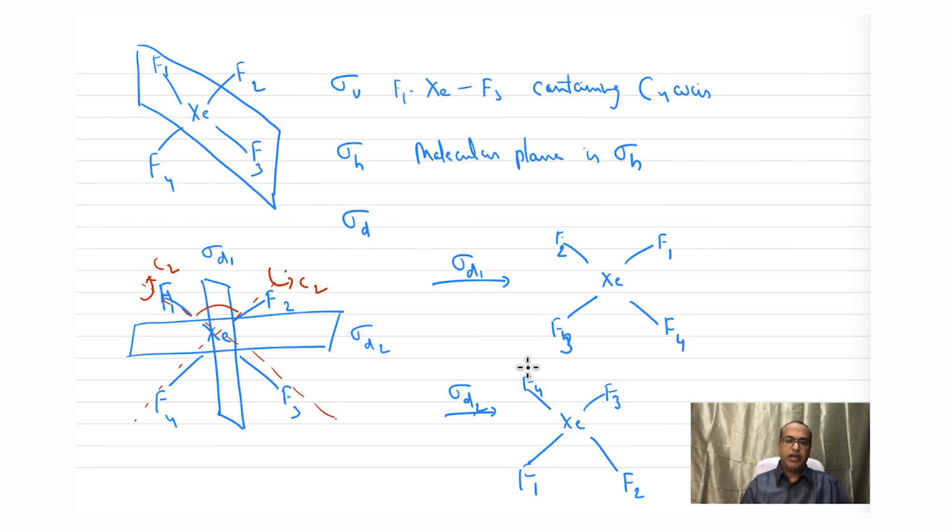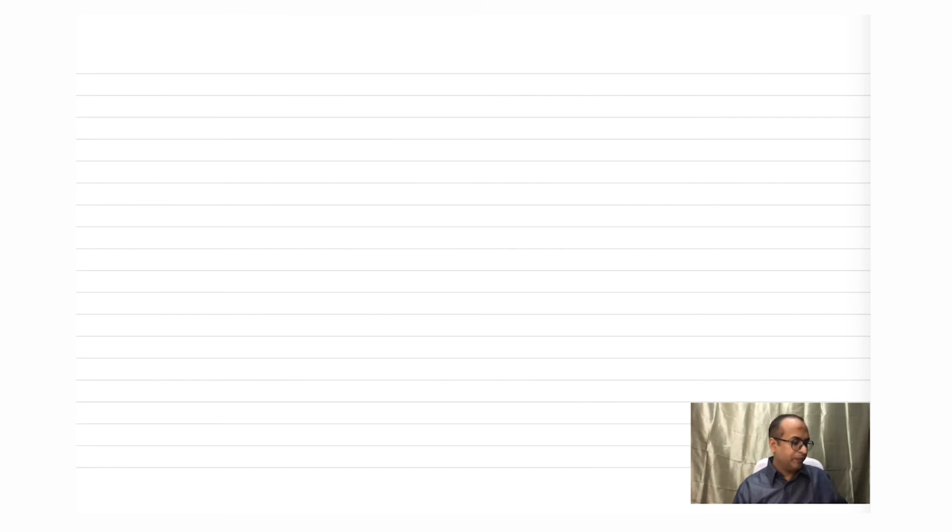So is that clear? We have 2 sigma V's, 2 sigma D's and 1 sigma H in this molecule. I took this example because you have all 3 categories of sigmas or planes of symmetry in this one. Okay. Now let's look at the water molecule, which we had seen earlier.